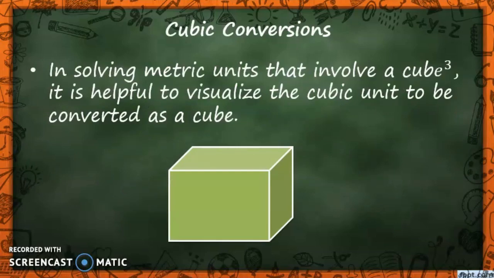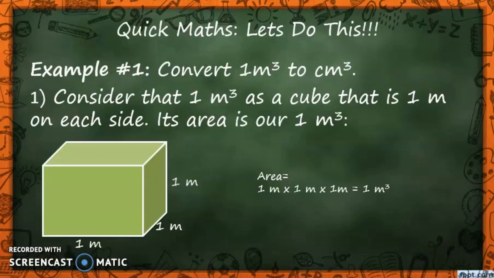Cubic conversions. In solving metric units that involve a cube, it is helpful to visualize the cubic unit to be converted as a cube. So here's a cube to help you visualize. Quick maths, let's do this. Example 1. Convert 1 meter cube to centimeter cube. Step 1.